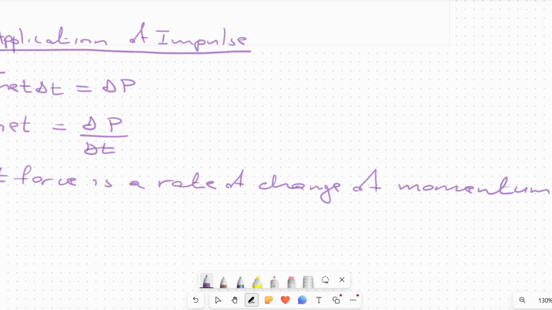So what that means, we know that the higher the net force, what we see from here is that when the change of momentum is higher, it's also increasing the net force. Remember now, it means more force acting on that. So think about two cars that are coming into collision like that.